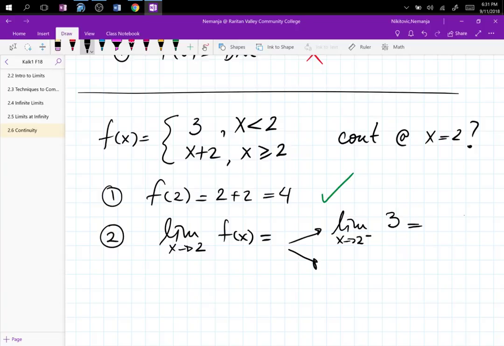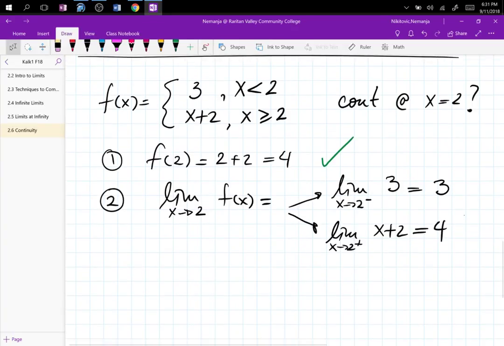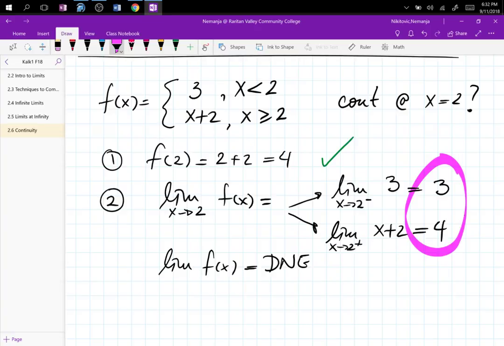But we know that the limit of a constant is the constant, so the answer is 3. The other one, the limit as x approaches 2 plus of x plus 2, is giving you 4. What do we know about this situation? They don't match, which means the limit does not exist. Very good. So the overall limit of f of x does not exist because these two, approach from the left and approach from the right, are different values.